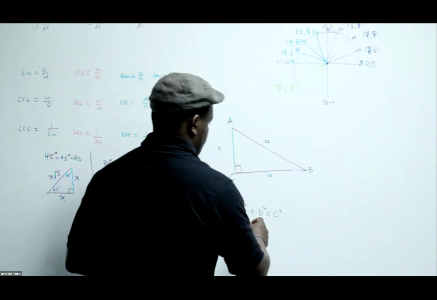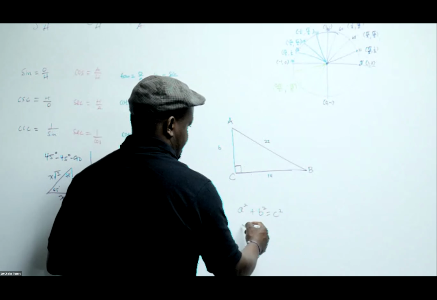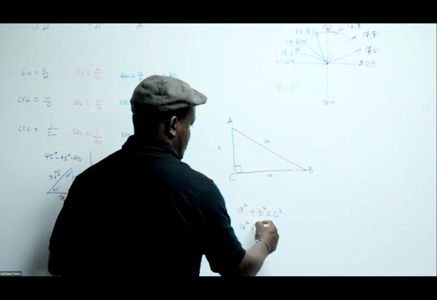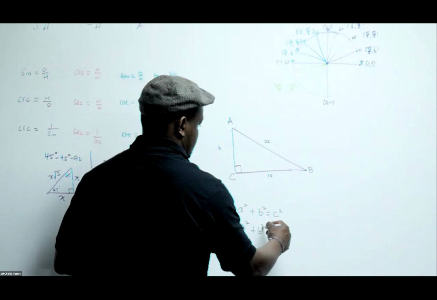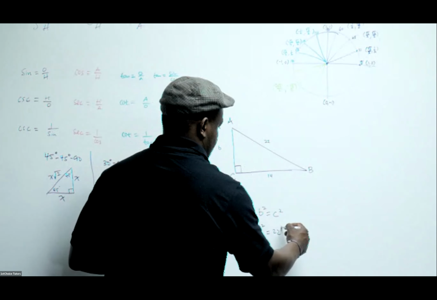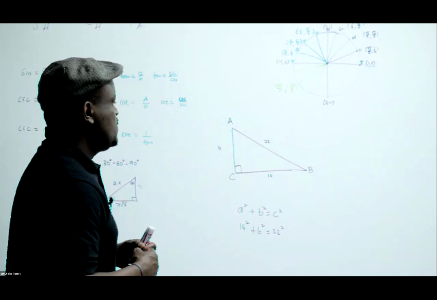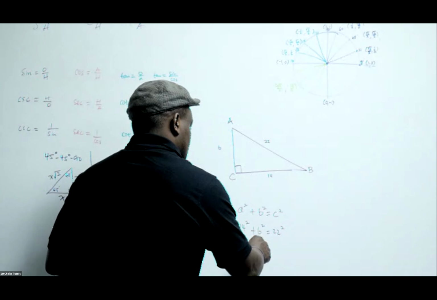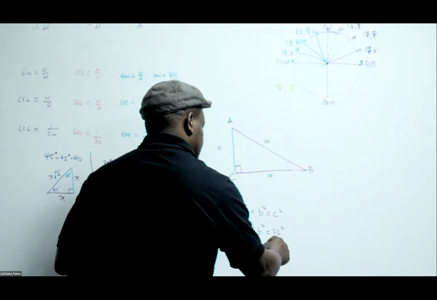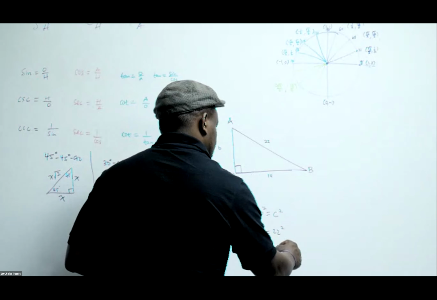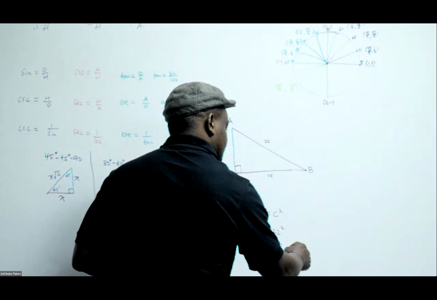So 14 squared plus b squared equals 22 squared. So 196 plus b squared equals 484. Check me.